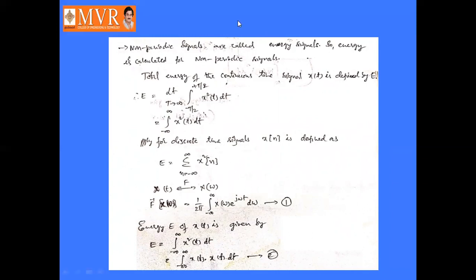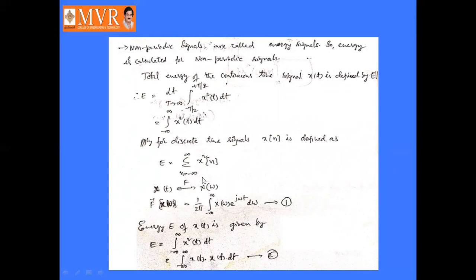Or we can write this as the integral from minus infinity to infinity of x²(t) dt. Similarly, for discrete time signals it is defined as E equal to the sum from n equal to minus infinity to infinity of x²(n). Okay, the Fourier transform of x(t) is X(ω).